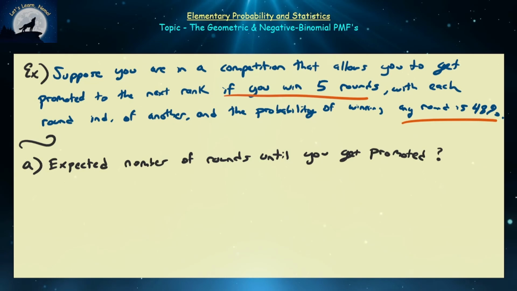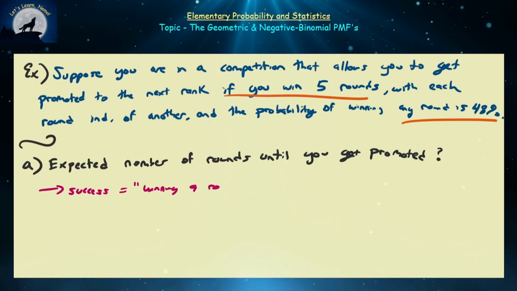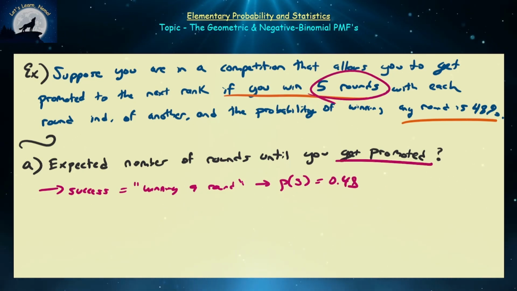If you want to pause this video and see if you can figure out this answer, feel free to do so. Let's first figure out what we're working with. Let's assume that a success is winning a round. Therefore, the probability of success will be equal to 48%, and we need 5 rounds to get promoted.